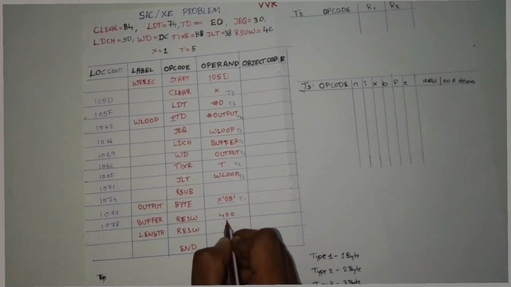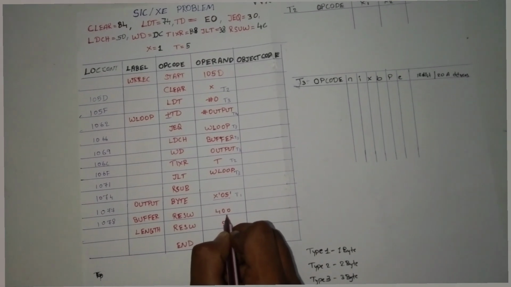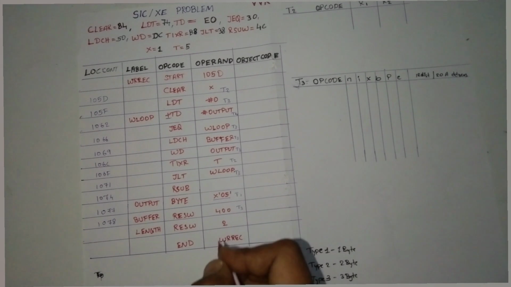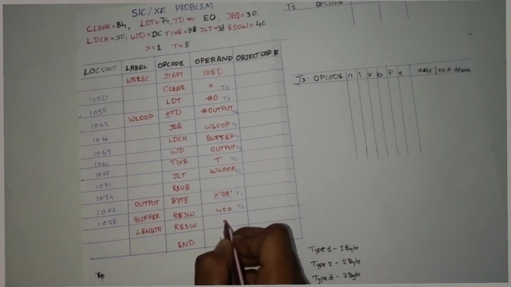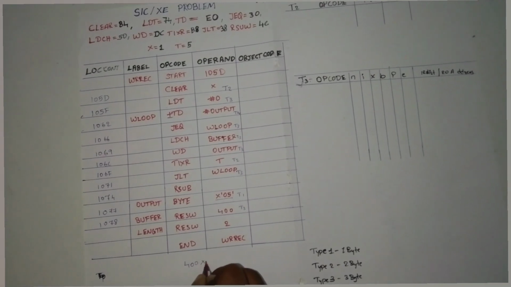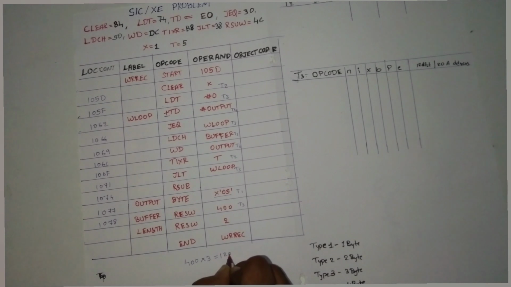Now for the WORD, here it is given as 400, so it is of type 3, but here in the opcode they have given 400, so we need to write 400 into 3, that is 1200.